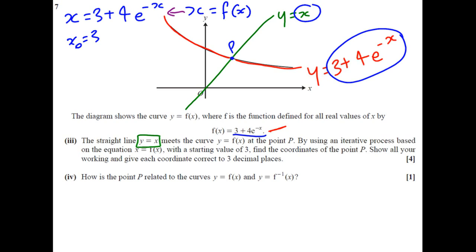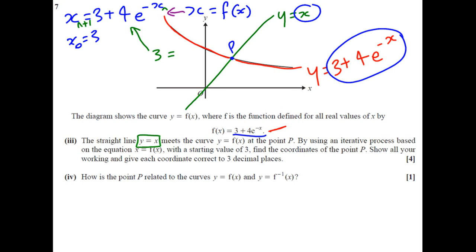By the way, that's just our rearrangement. That's an equation. To use the iterative process to solve it, your new guess is obtained by putting your previous guess in, and that goes back into your equation. So it's like a cycle. Put this in, get an answer, put that in, get an answer, and that keeps going until you either converge or diverge. Now I want you to type this into your calculator, first of all, as a bit of a trick: just type in 3 equals onto your calculator.